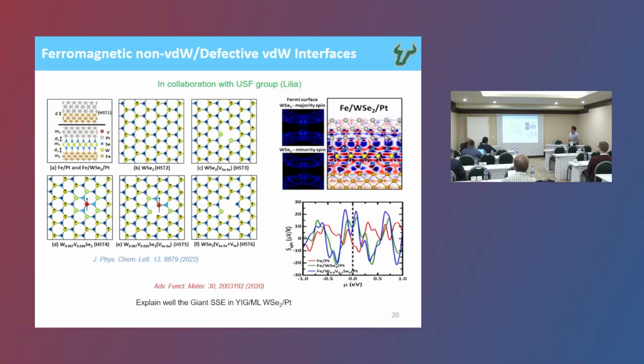So in our recent studies, we look into a very interesting system. The first thing is the magnetic substrate we consider here, which is iron. The second one is the tungsten diselenide monolayer. And we consider different cases: pristine, pristine with defect, doped, doped with defect, and only defects.